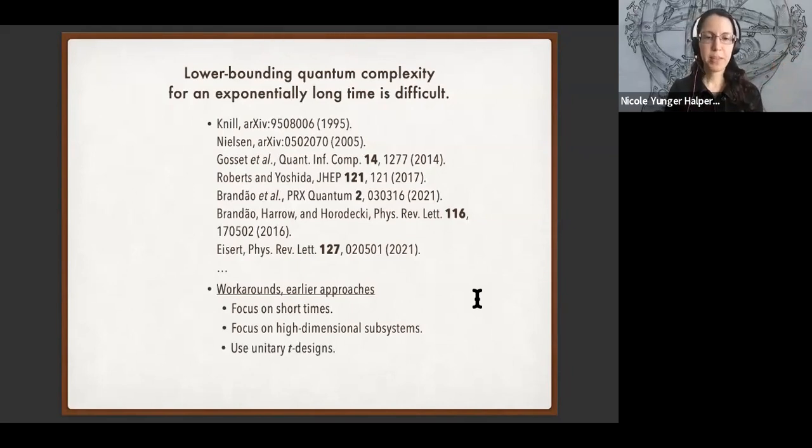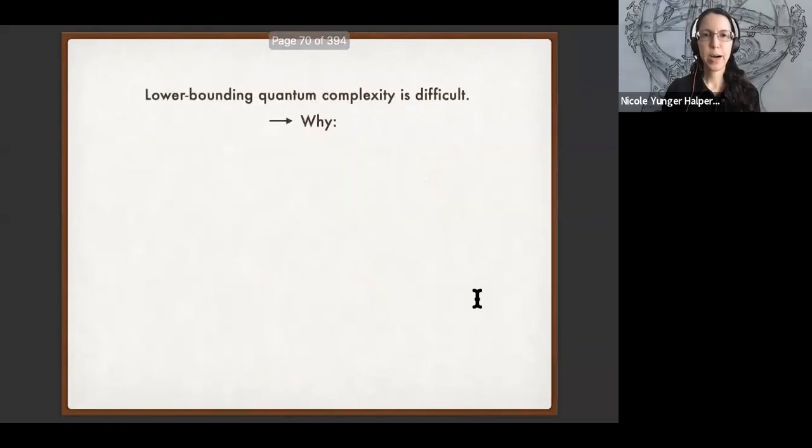People have leveraged the mathematical toolkit of unitary T designs, which are probability measures that can approximate uniform probability measures. And sometimes people have just assumed that quantum complexity grows as expected, assuming that there are no collisions during an evolution. Here's what I mean by collision, and here's why it's really difficult to lower bound the quantum complexity.